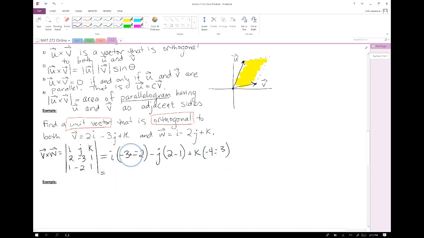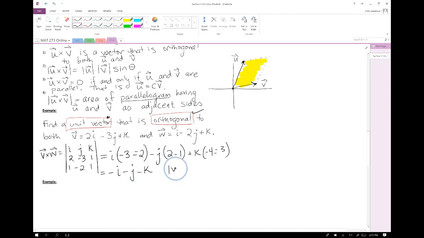So our normal vector is negative i minus j minus k. All the components are negative 1, and that's just a coincidence. So the orthogonal part is done. Now we need to make it a unit vector. The way that we calculate a unit vector is just by finding the magnitude of our vector and dividing all the components by it.